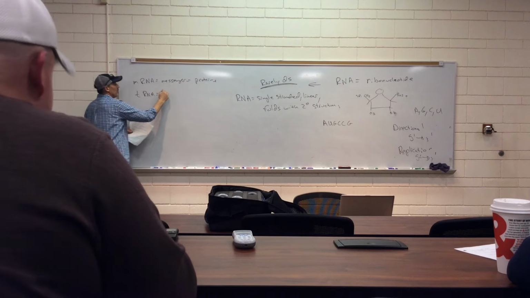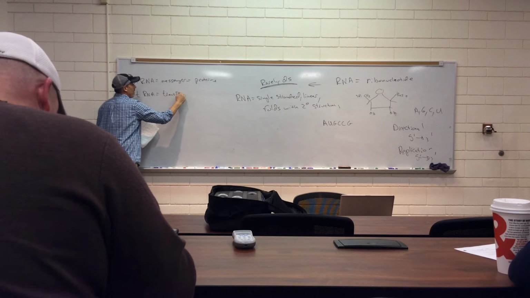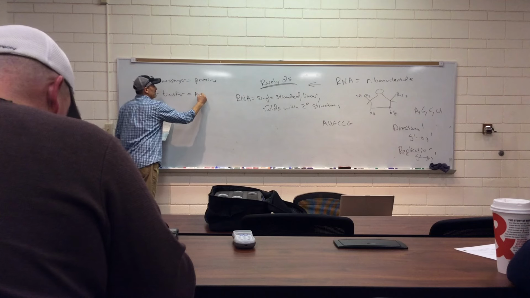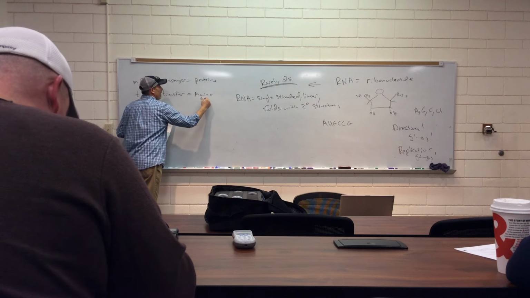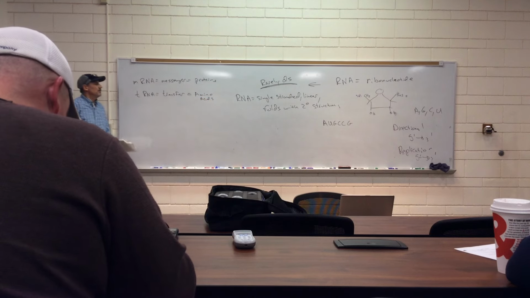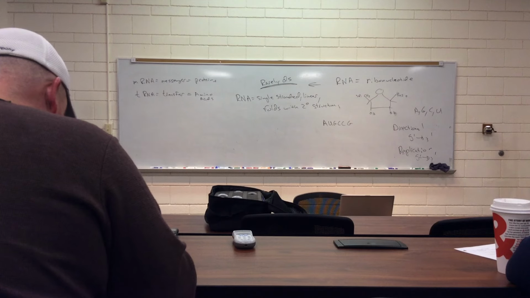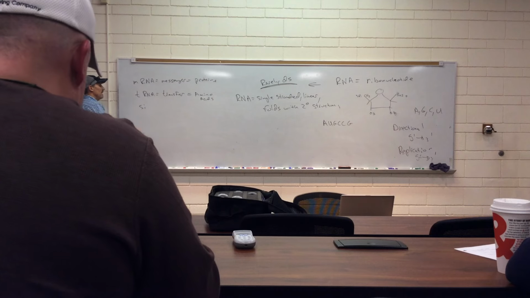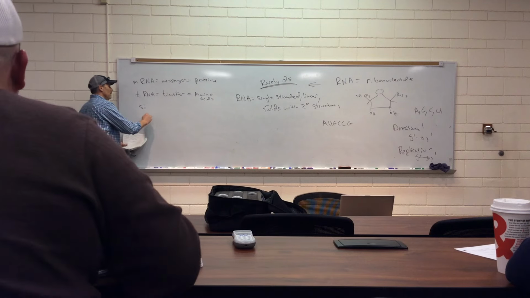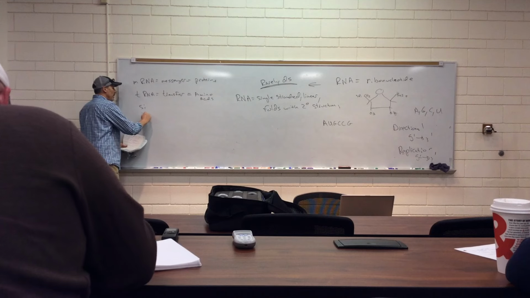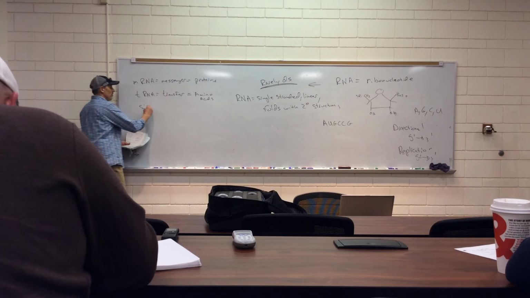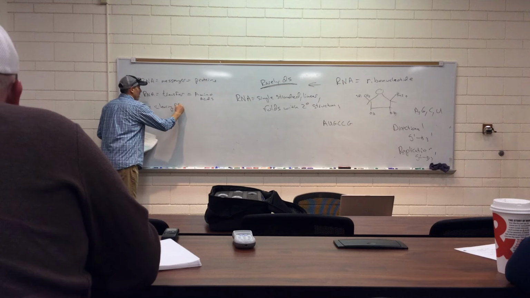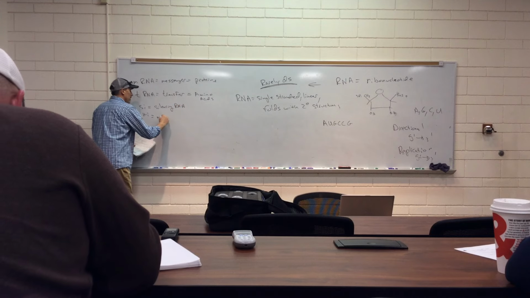tRNA is a transfer RNA that brings us amino acids during translation. We have all sorts of regulatory RNAs like silencing small interfering RNAs or microRNAs. And so these are silencing microRNAs.